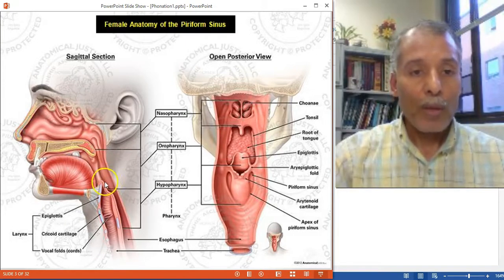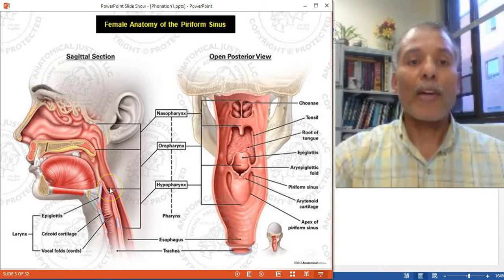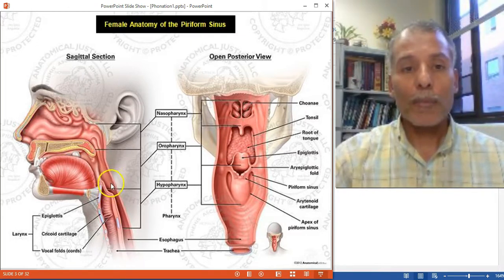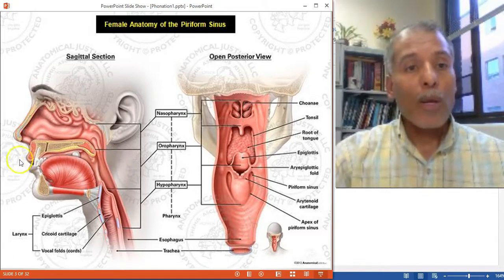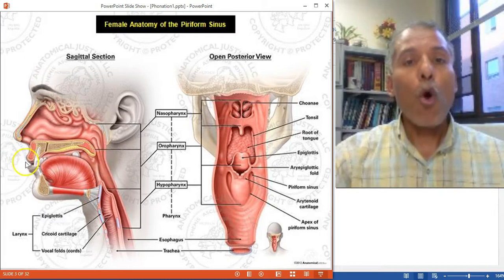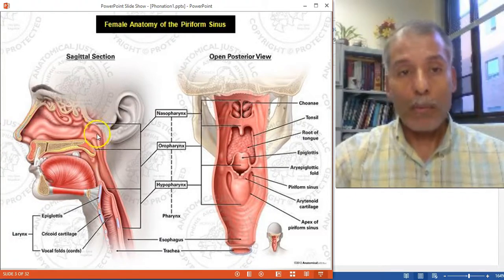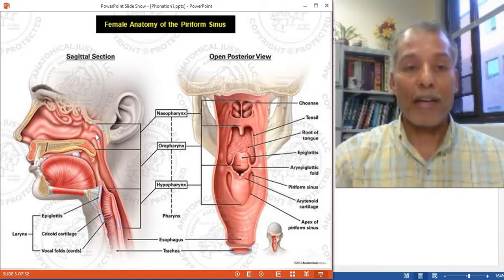The lower part next to the vocal folds or next to the larynx is called the laryngopharynx or the hypopharynx, two names. The part that's across from the oral cavity is called the oropharynx. And the part that's across from the nasal cavity, making the posterior segment of the nasal cavity, is called the nasopharynx.